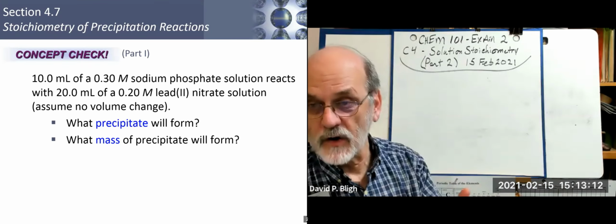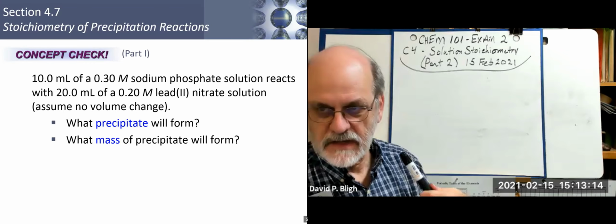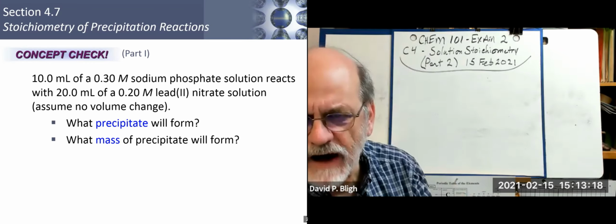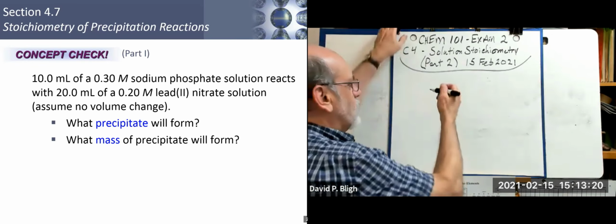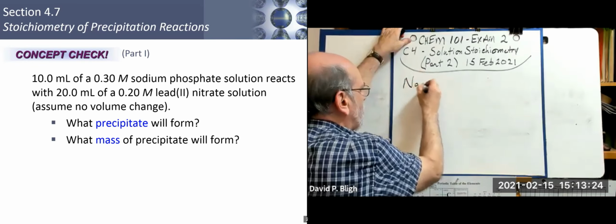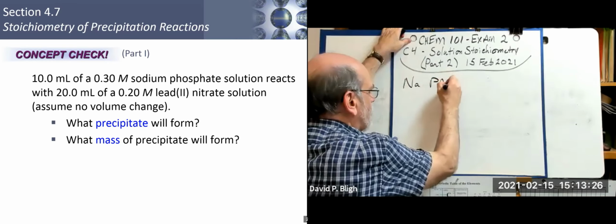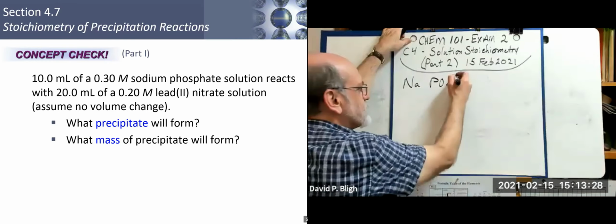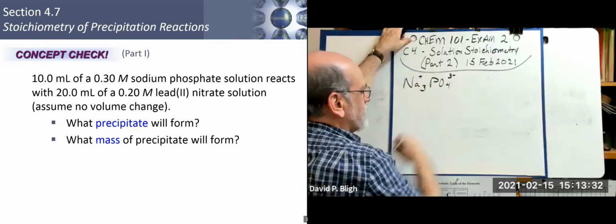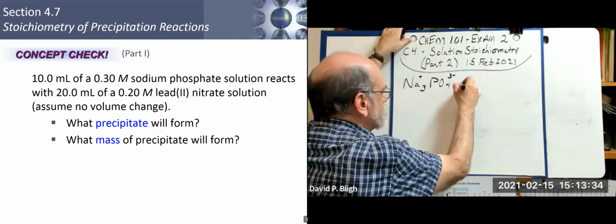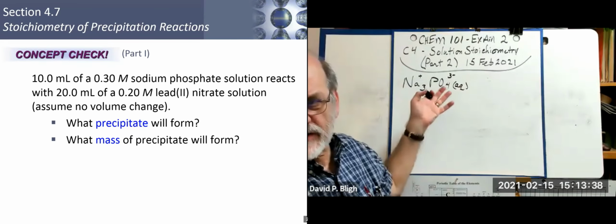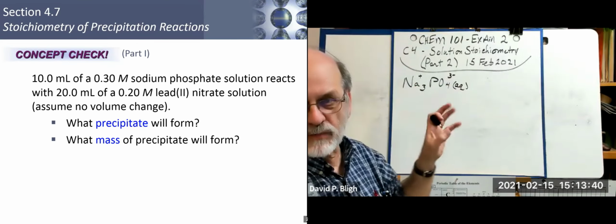Well, we have to know first the compounds. So we have sodium phosphate. We know that we have this one and this one. Right. So this is a 3 minus. This is a 1 plus. We need 3 of those. And this is aqueous solution. Okay? You can erase the charges if you want, but I just put them up there for bookkeeping purposes.